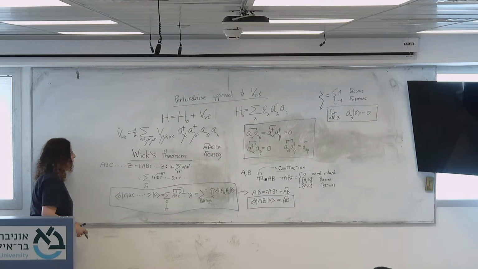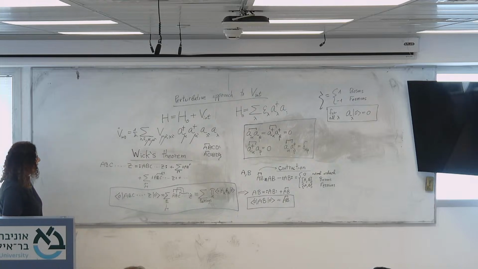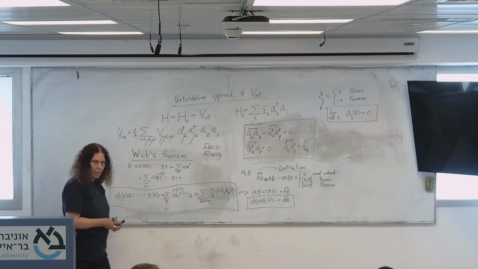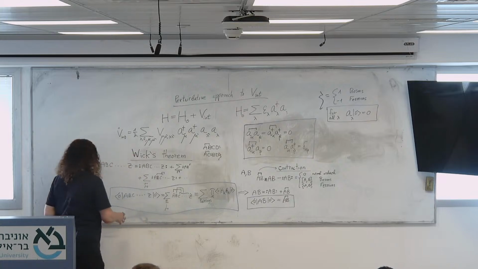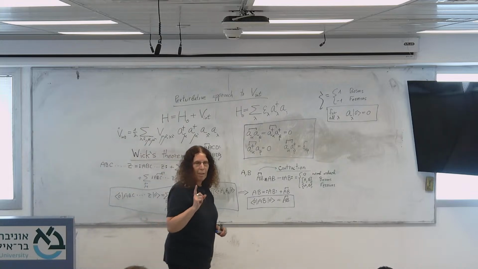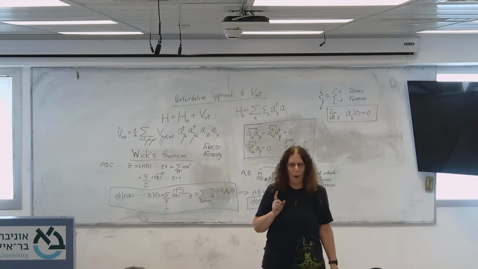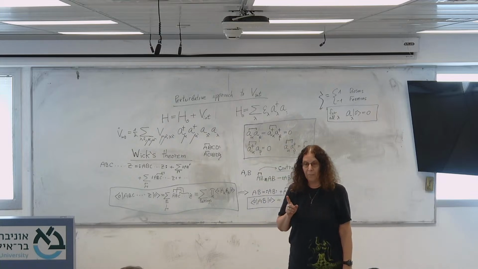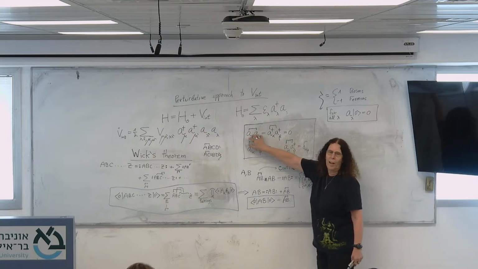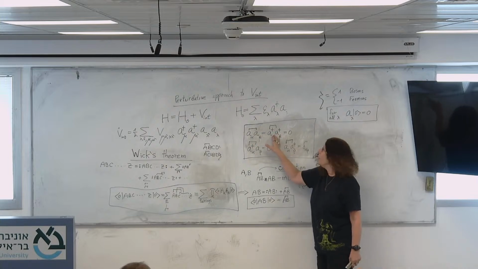Okay, and this has meaning, or it gives you something non-trivial, only provided that this string of operators not only has an even number of operators, it also needs to have an equal number of creation and annihilation operators. Right? Why? Because the contractor of 2 annihilation or 2 creation operators is always 0. Okay?